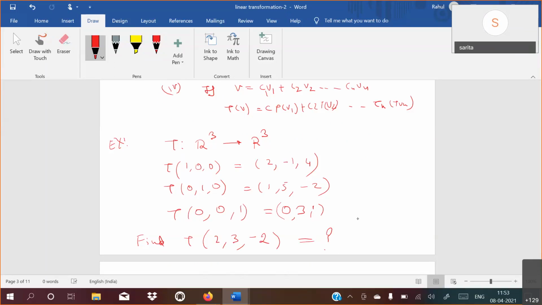See, it's coming from the last property. You have to write the vector as a linear combination of the basis vectors.